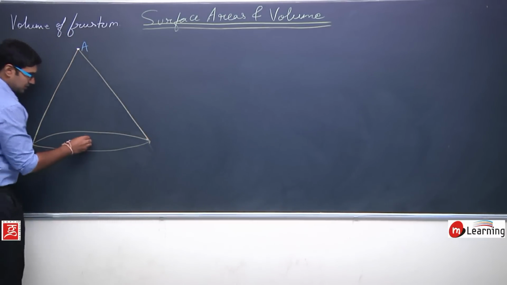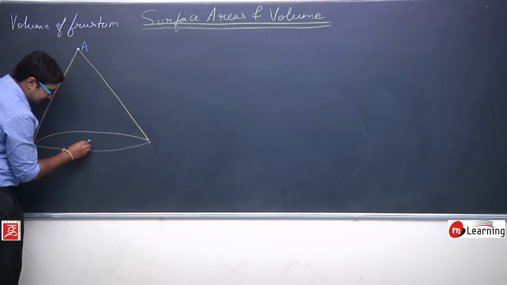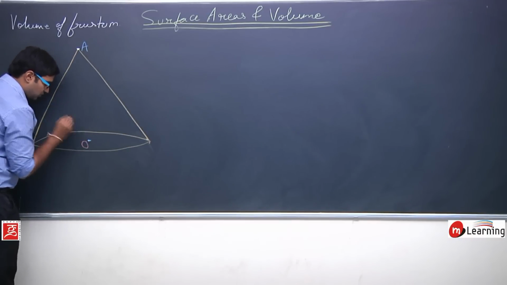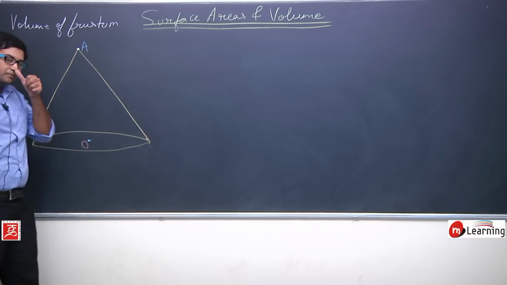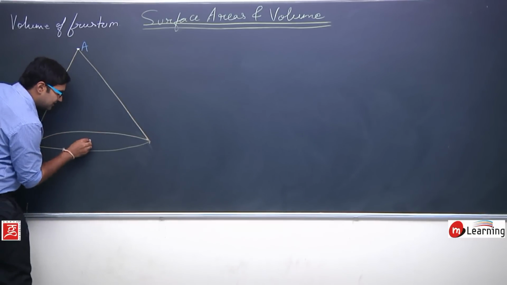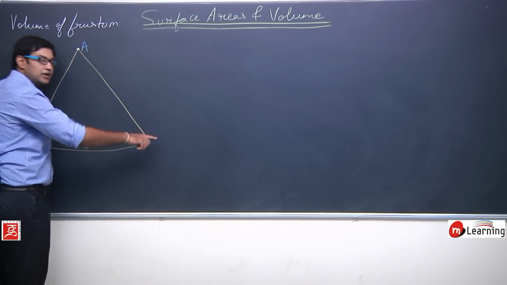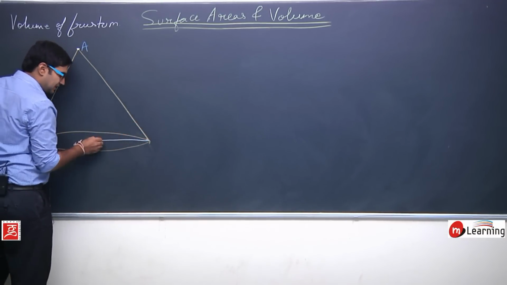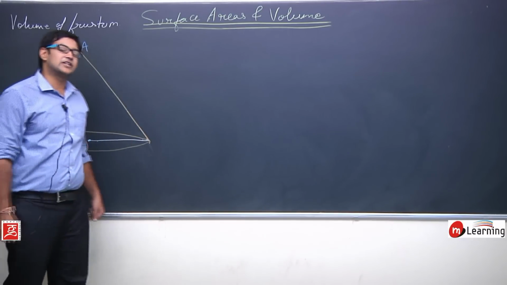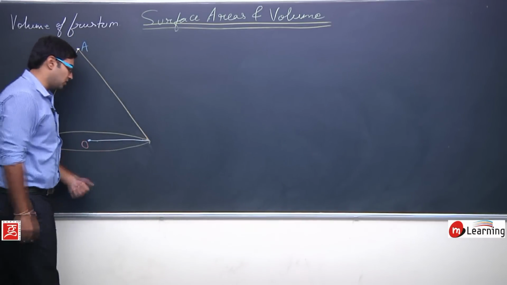After that, this is the center of the base. Let us say the center of the base is O. Then from this center, if I draw a line like this which touches the end point of the base, then this line represents the radius of this cone.